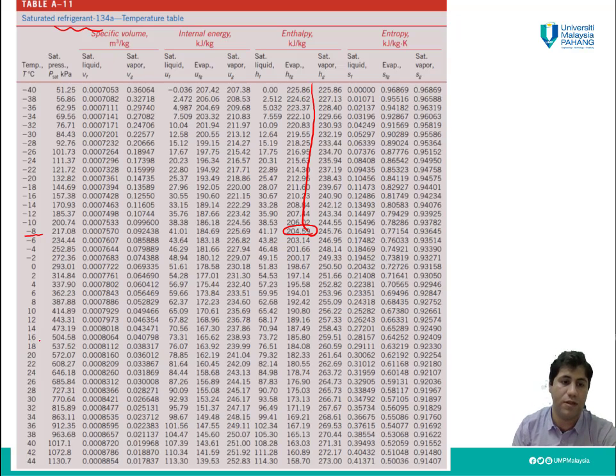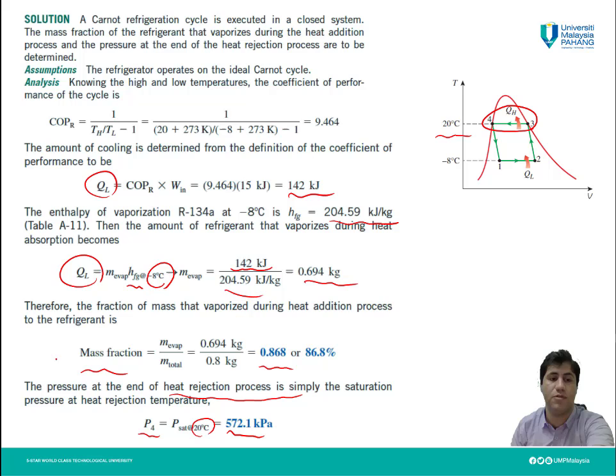If we go to the table, this is the temperature which we have, and this is the saturated pressure for this temperature, which is 572 point approximately 1 kilopascal. This is the saturated pressure at this temperature, and also the pressure at stage 4.